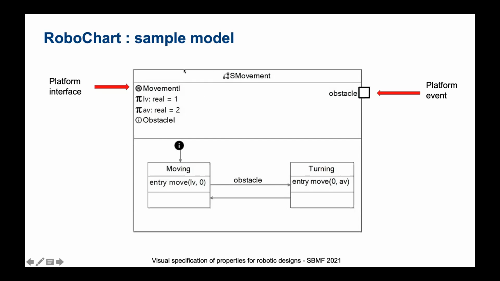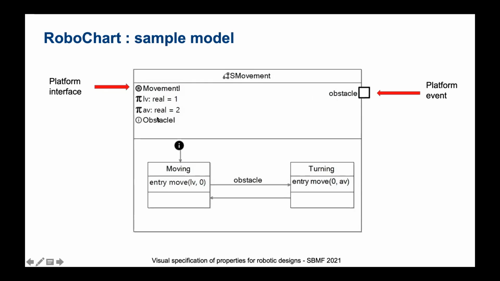You have some definitions of the state machine and you have the logic using state diagram notation. In the definition, you have, for instance, a declaration that this state machine calls operations from the movement interface, which is a platform interface. So the operations of this interface are implemented by hardware. So the software only calls the operations.